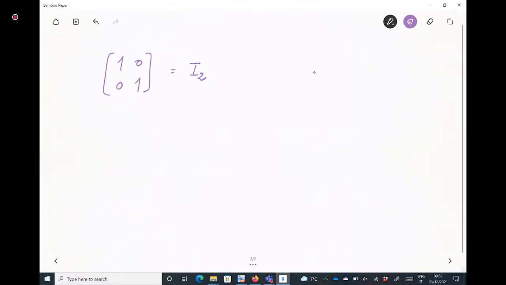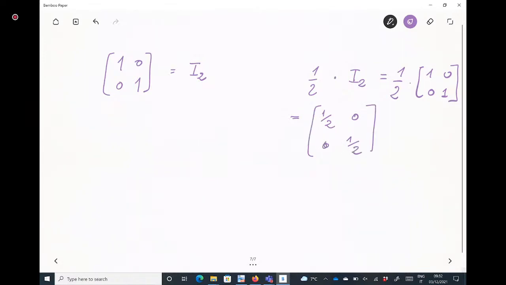Suppose that I want to multiply 1/2 times this identity matrix, that is 1/2 times 1, 0, 0, 1. We know what is the multiplication of a matrix by a scalar, and the result is, of course, this one. Of course, this is not the identity matrix, but it is very similar in structure. It has all 0 elements except the same number in the main diagonal.